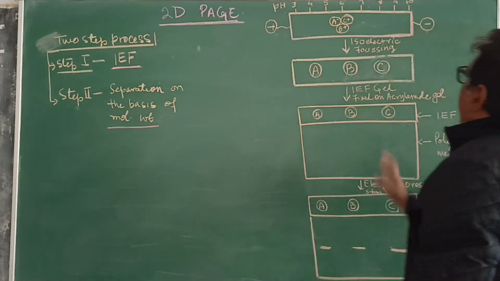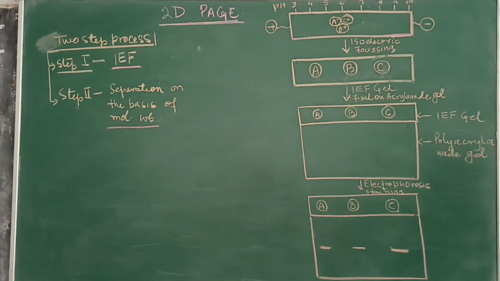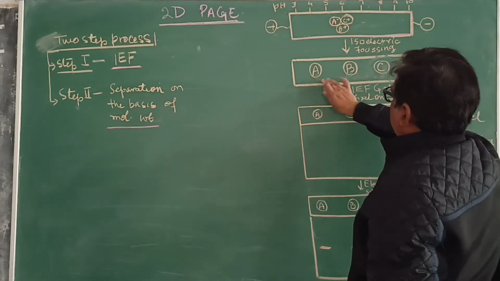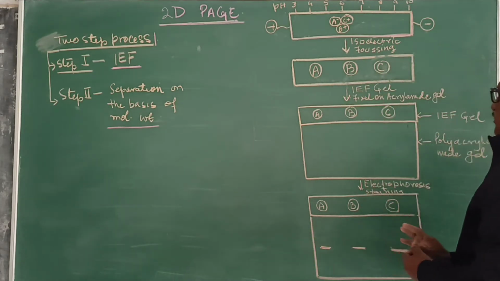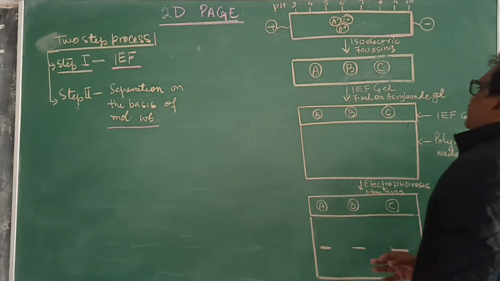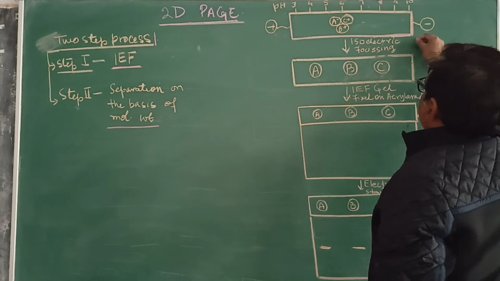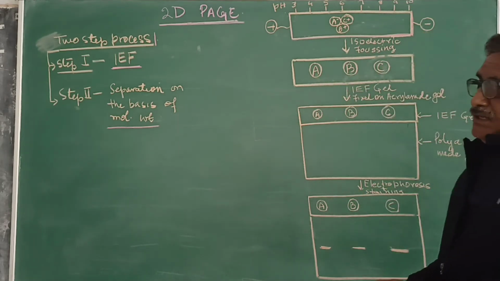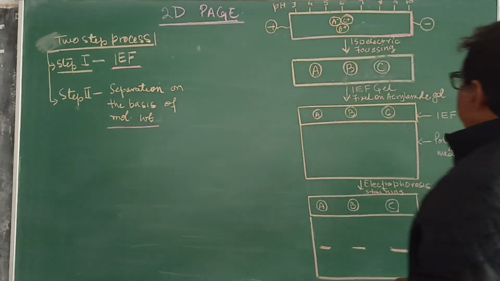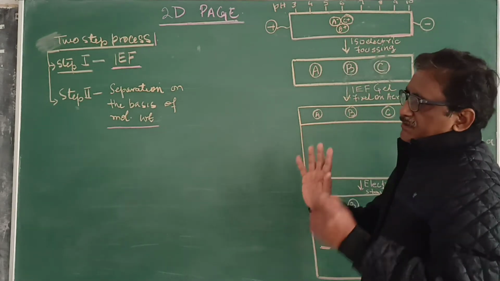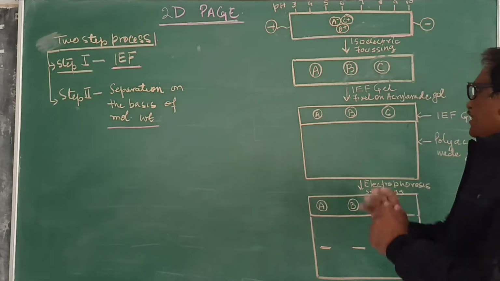After that, this strip having these separated proteins, we don't yet have knowledge of their molecular mass. At the end of isoelectric focusing, this strip is incubated in SDS. In SDS, the proteins will get negative charge.